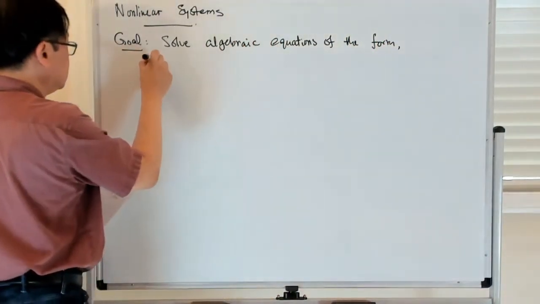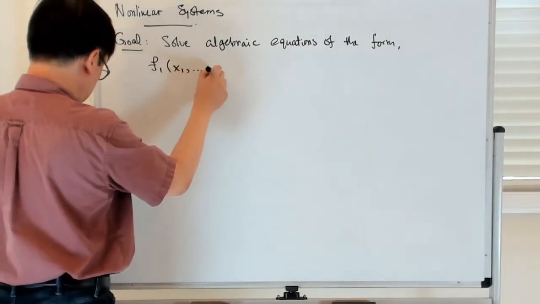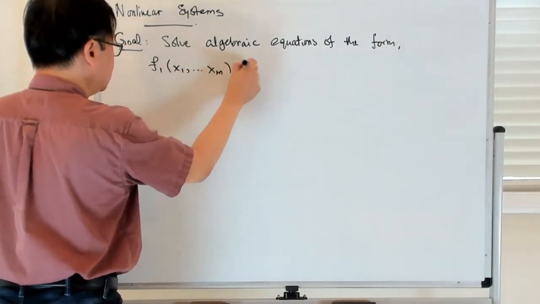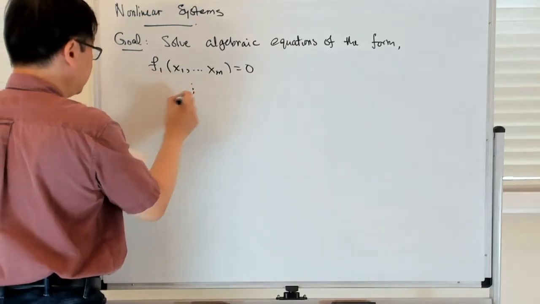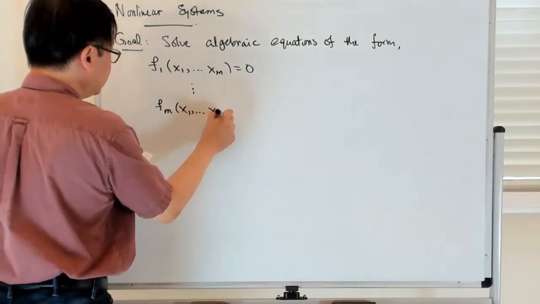Let's say f1, which depends on x1 to xm, all the way up to fm, which depends again on x1, all the way up to xm.